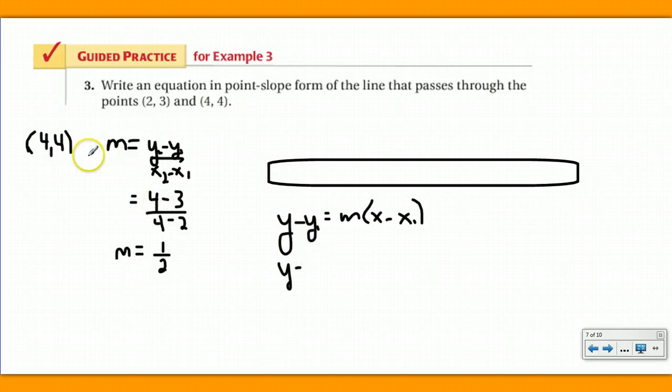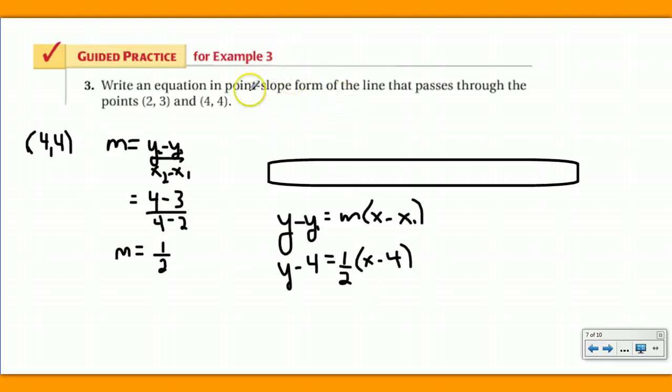So the y value is 4, and the slope we found was 1/2, and the known x value is also 4. So x minus 4. Good. There it is, in point-slope form.